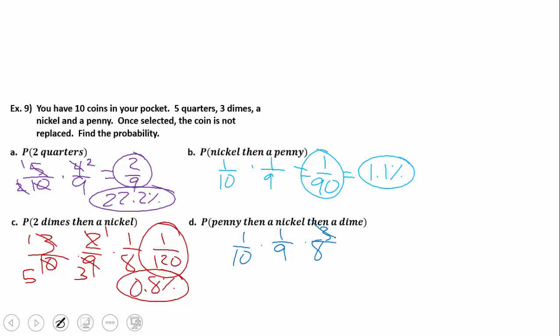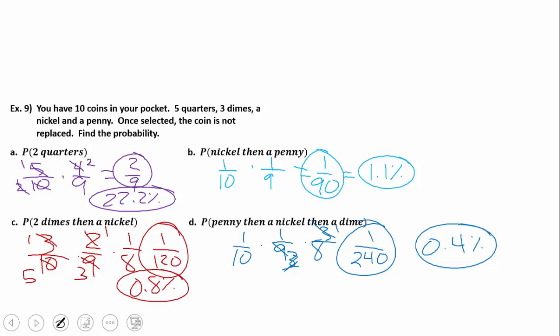So we can simplify a little bit here. Oh, that's 3. And so now 1 and 1 and 1 is 1. And 10 times 3 times 8 is 240. And wow, that's a very slight chance of that one. And that's going to be less than 0.5%. In fact, it is 0.4% chance of selecting a penny, then a nickel, then a dime.